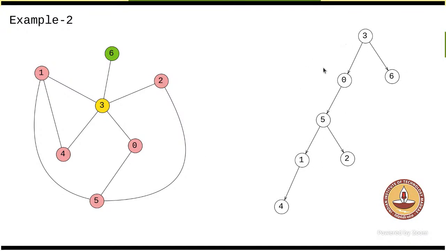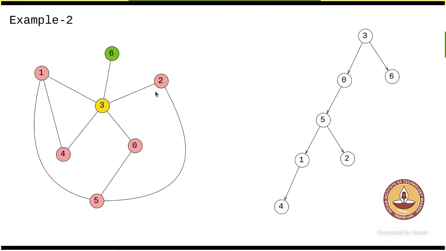So how many non-tree edges are there? Does the tree account for all the edges, or are there any edges which are present in this graph on the left but not present in the tree? 3 to 1. Okay, that is one edge. Is that all? What I'm asking is, is there any edge in the original graph which is not present in the depth first search tree?